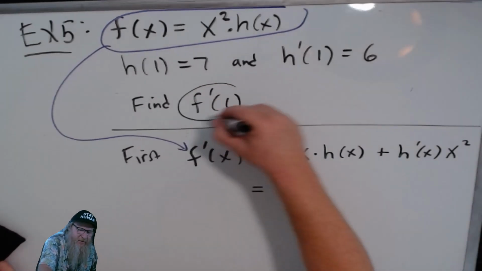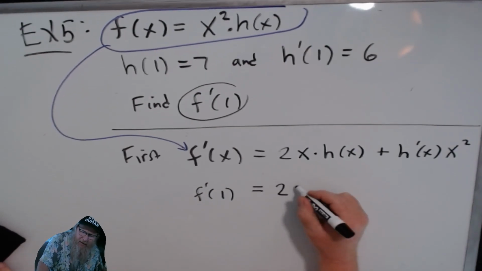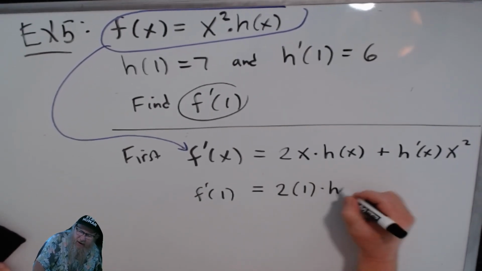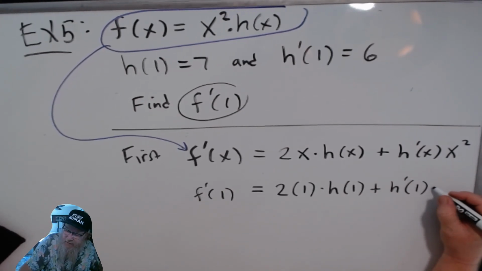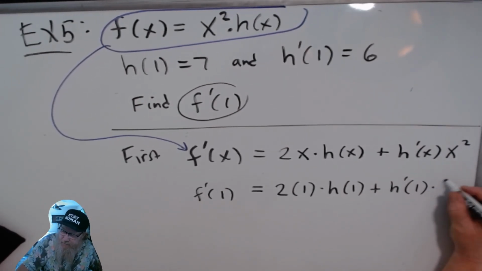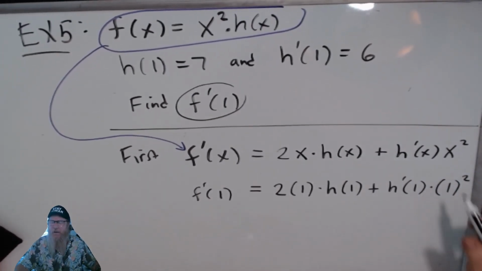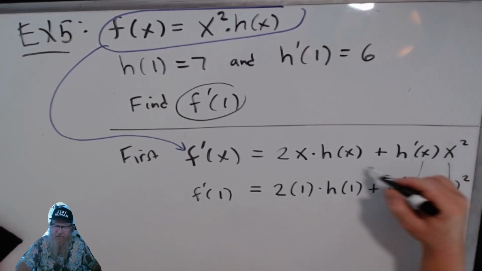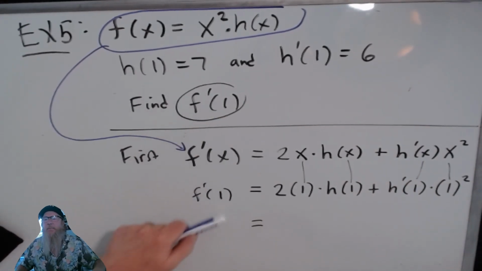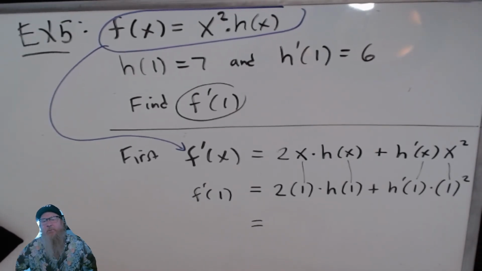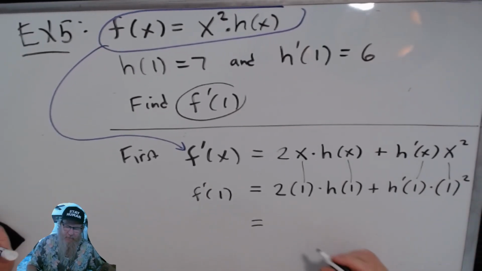So now to find f prime of 1, plug in 1 everywhere there's an x. So all of the x's then become 1s, or whatever number is in the problem that you have. I rolled the dice and I got 1, so I could have done it for any number.